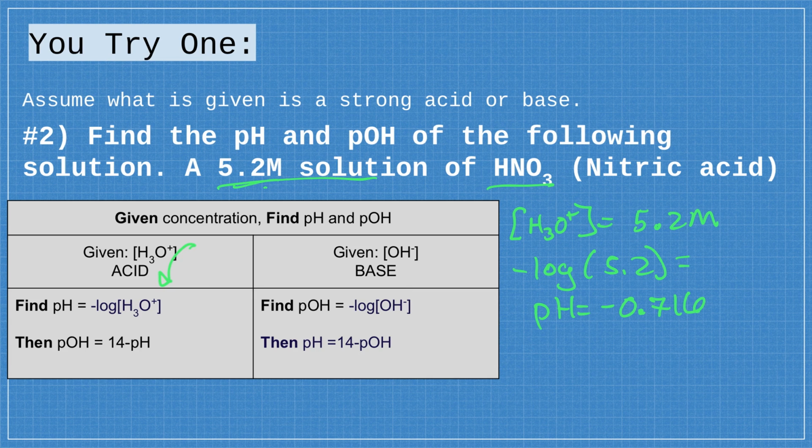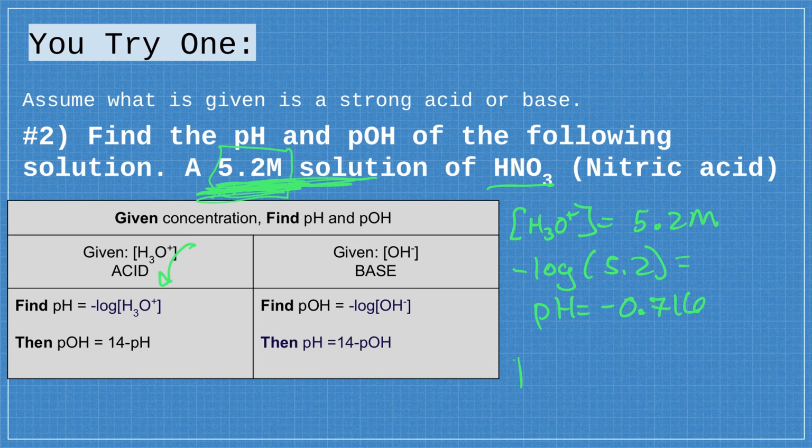Although the scale is 0 to 14, when you have something that is extremely concentrated, especially an extremely concentrated strong acid where it all dissociates, your hydronium ion concentration is very high, which means the higher your hydrogen ion concentration, the lower your pH, and it is possible to have a negative pH in this answer.